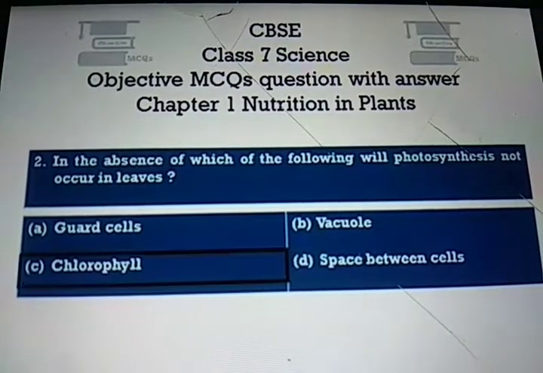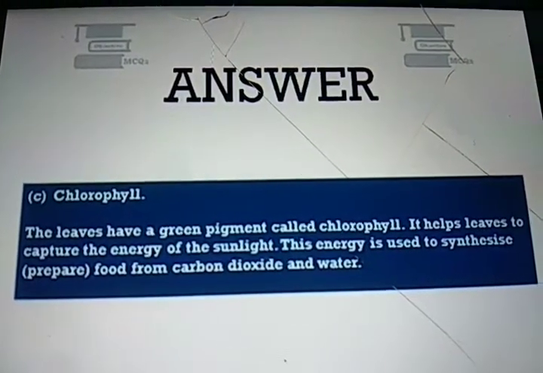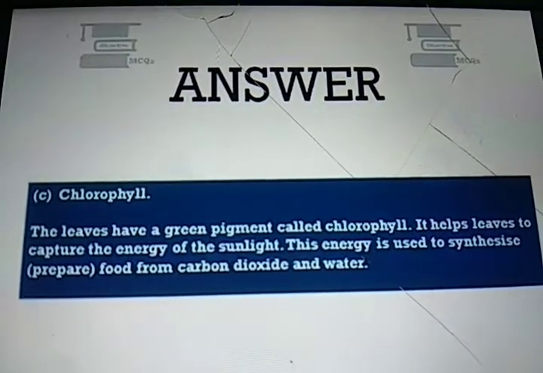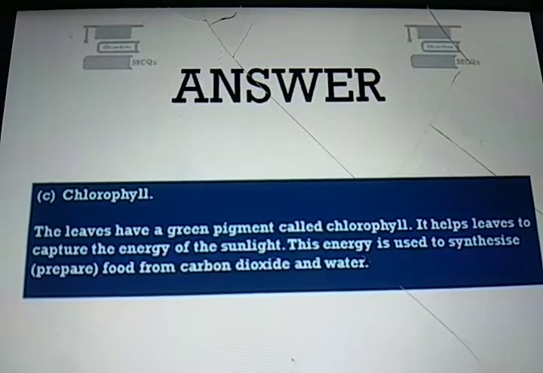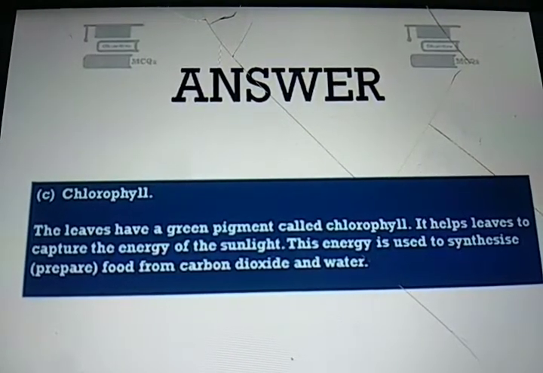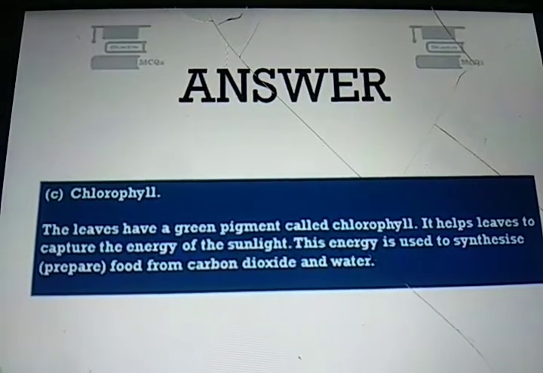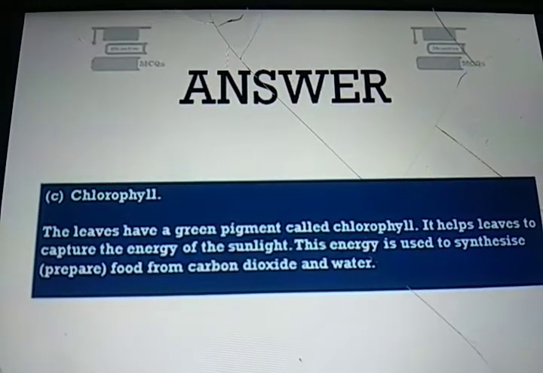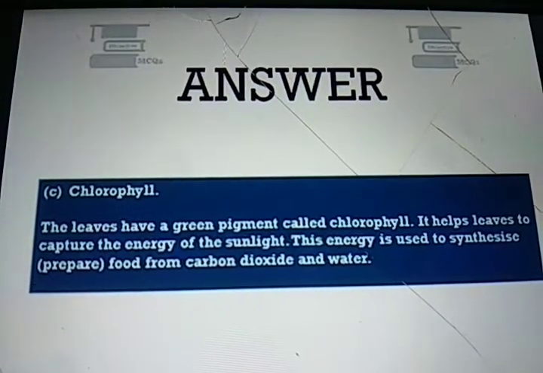And the right answer is option number C, chlorophyll. The leaves have a green pigment called chlorophyll, and it helps leaves to capture the energy of the sunlight. This energy is used to synthesize, or you can say prepare, food from carbon dioxide and water.